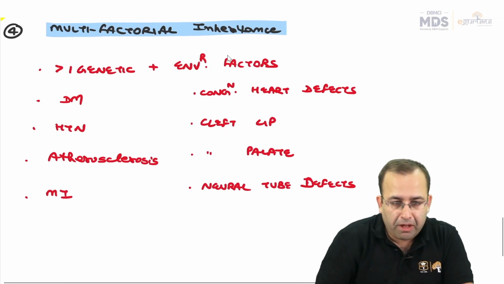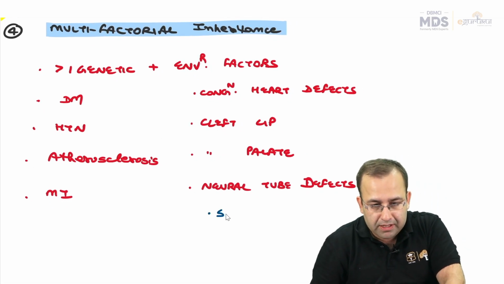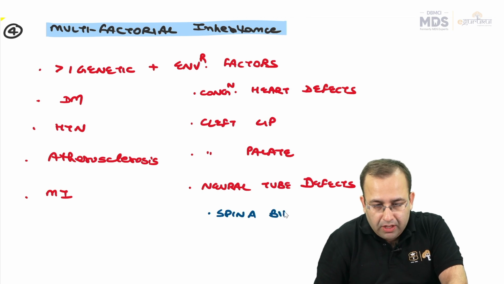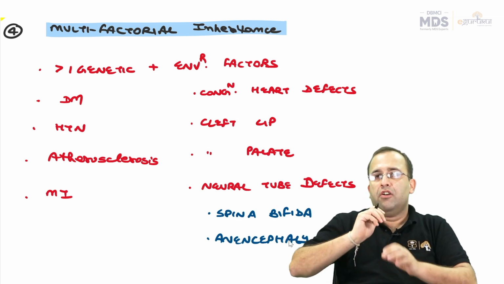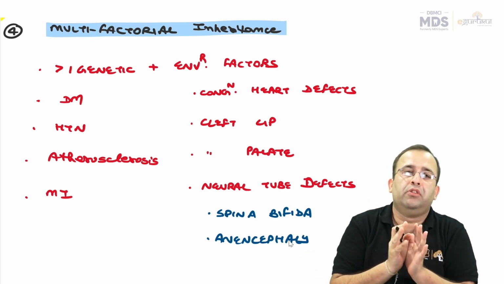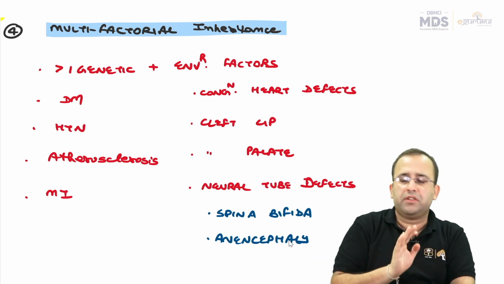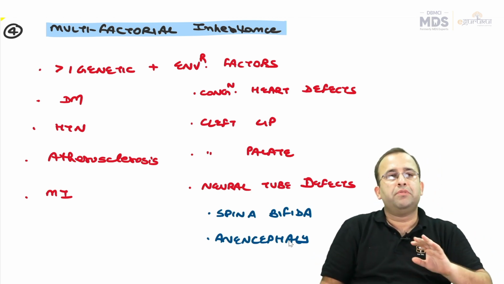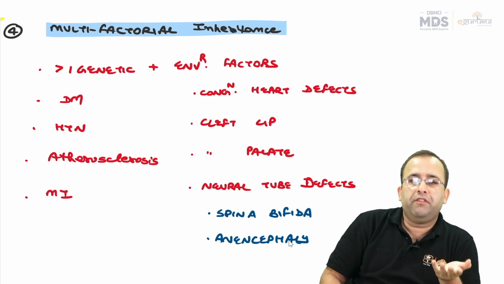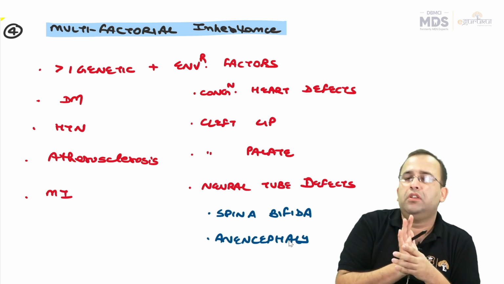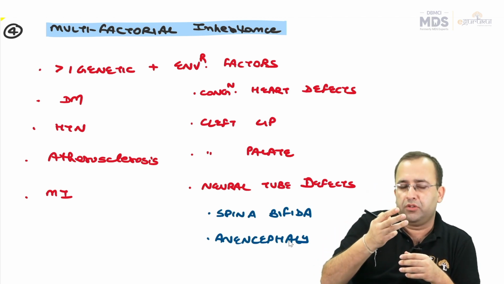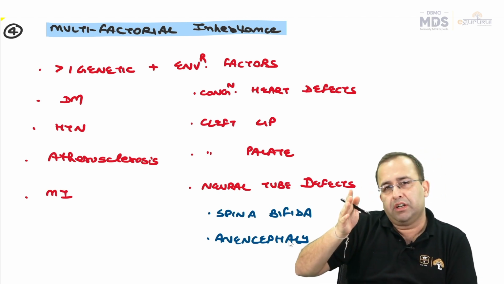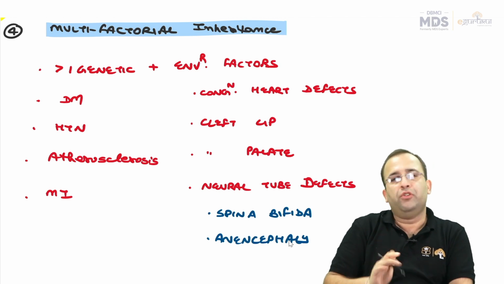Spina bifida and anencephaly. All this is multifactorial inheritance. Think of it yourself: if any one of these is given in the MCQs, you will never go wrong. Multifactorial means multiple factors play a role, more than one genetic plus environmental. So diabetes, hypertension, atherosclerosis, MI, congenital heart defects, cleft lip, cleft palate, and neural tube defects.